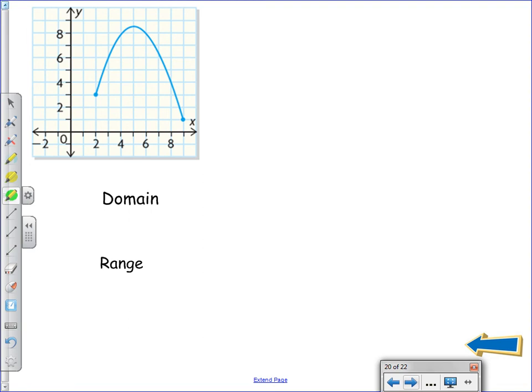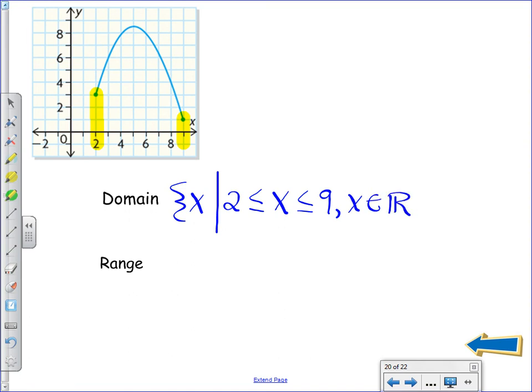Okay, my domain. Here's my lowest value. Here's my highest value. It's a line, so it counts everything. So I have here the domain x such that, because I'm saying that x is an element of the real.